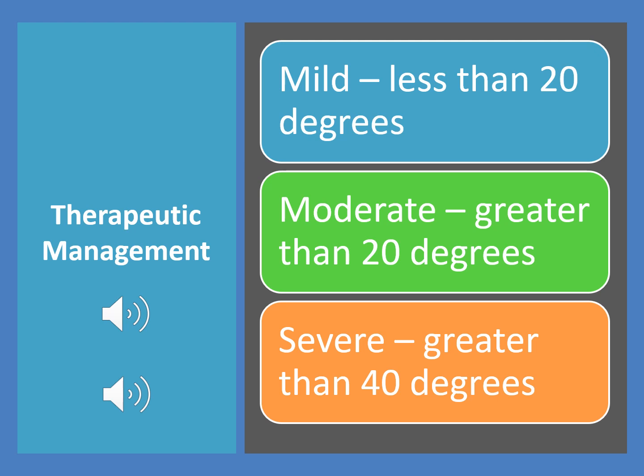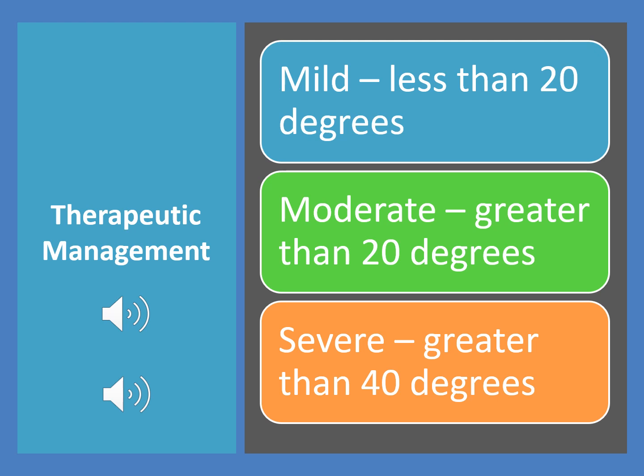If they have moderate curvature, greater than 20 degrees, treatment can actually consist of a more conservative, non-surgical approach by using a body brace. I'm going to go into that further. And that's really where we're going to focus, the moderate curvature and using a body brace.